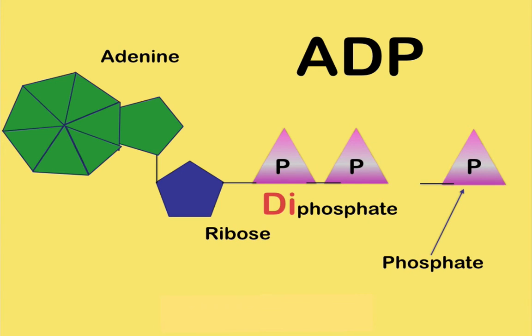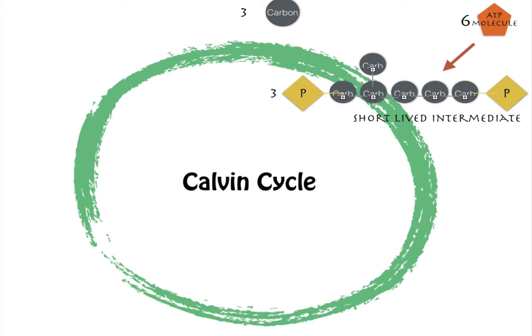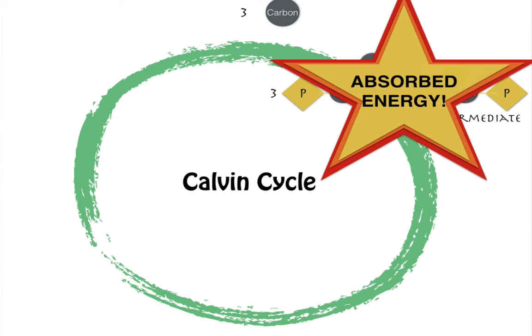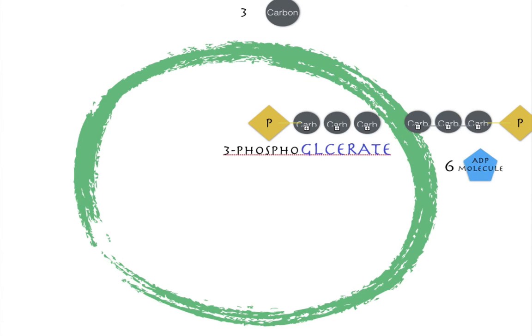So let's explore that example I just mentioned in the Calvin cycle, where on the top right-hand corner you see I have 6 ATP molecules. And again, I have my short-lived intermediate molecule there. ATP will come in, it absorbs the energy, transfers from the ATP molecule into our carbon molecule, and then it breaks it apart.